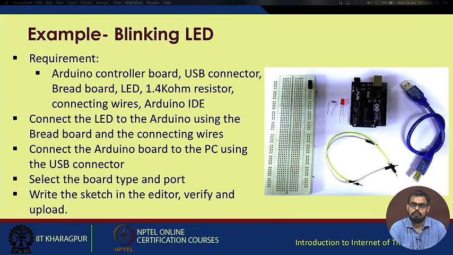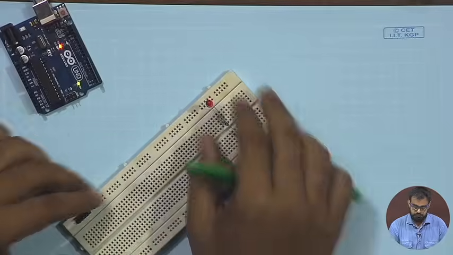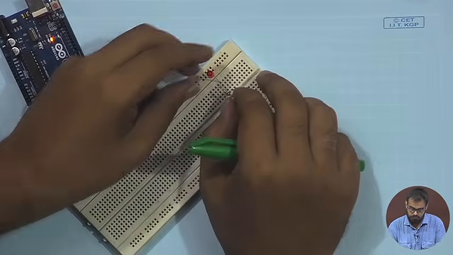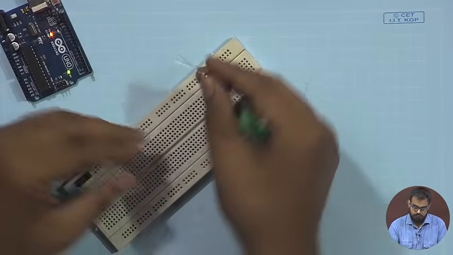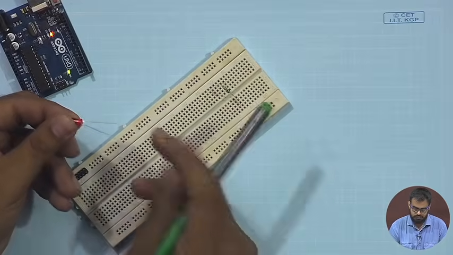Next, we'll use an Arduino and a normal breadboard to switch on and off an LED. Now we have got an LED, and we have got our Arduino board. As you remember, these are just the basics of electronics.